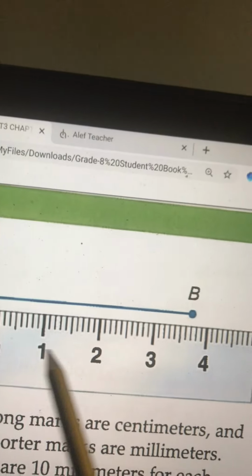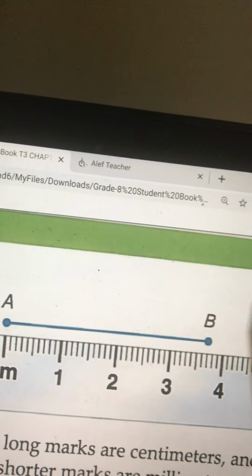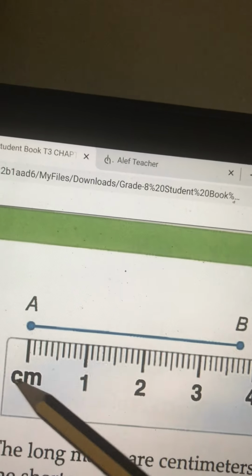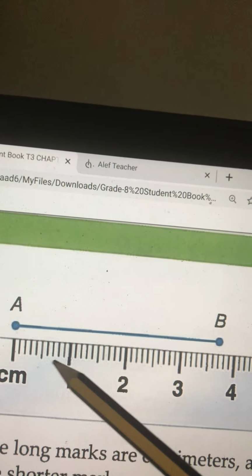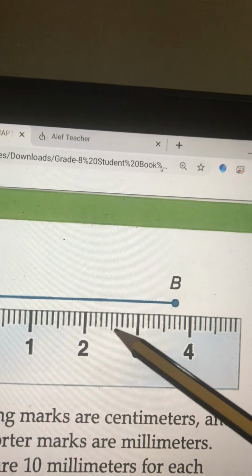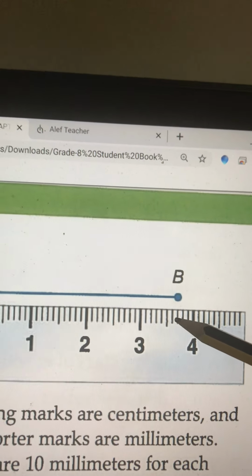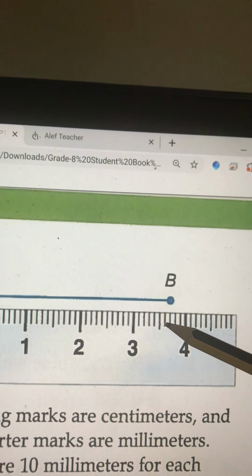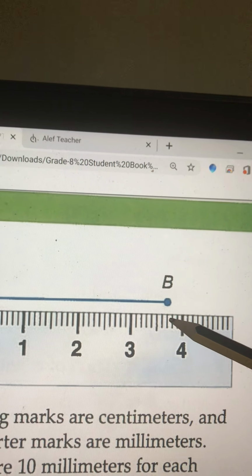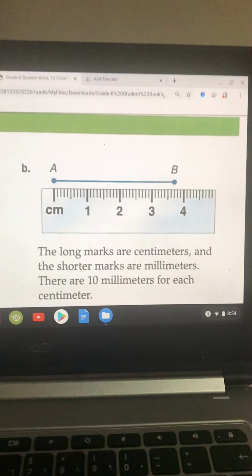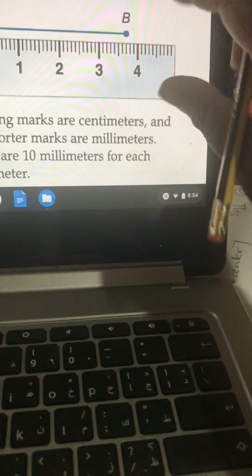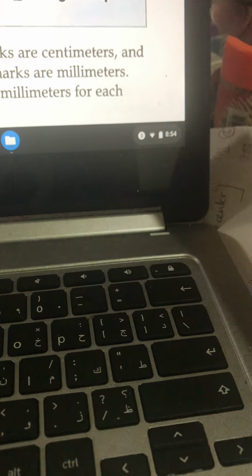Now, I want to count how many spaces are from A to B. I already know there is 10 here. So 10, 20, 30, 35, 36, 37, 38.